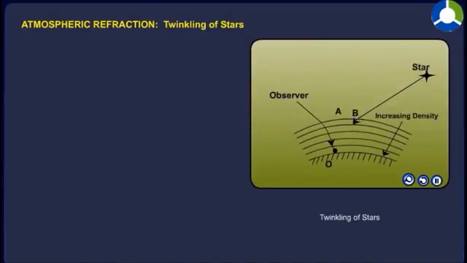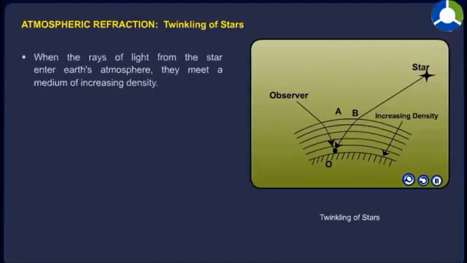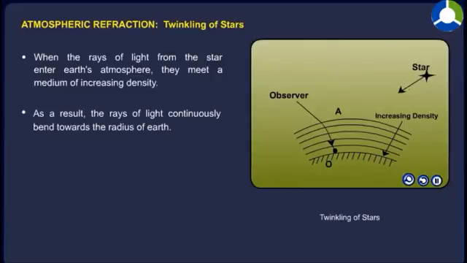Atmospheric refraction, twinkling of stars. When the rays of light from the stars enter Earth's atmosphere, they meet a medium of increasing density. As a result, the rays of light continuously bend towards the radius of Earth.